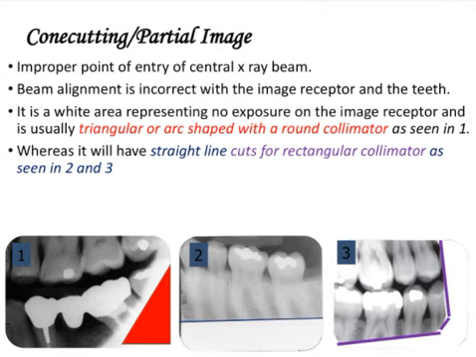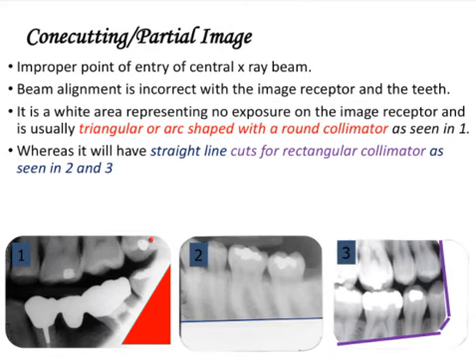But when we use the bisecting angle technique, we don't have that beam alignment device. So it is obvious that we are going to get some kinds of partial image or cone cutting. Cone cutting is basically the white area representing no exposure on the image receptor, and it's usually triangular or arc shaped with a round collimator, as you can see in figure 1.